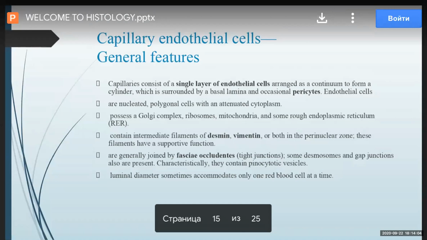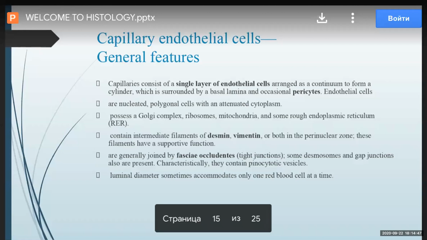Let's continue our lecture. So we were talking about capillaries, yes? A little more about capillaries. So, first of all, you should know that capillaries have a single layer of endothelial cells. Yes, that means they are very small and thin. Okay, good. And you can read here that it continues to form a cylinder, which is surrounded by basal lamina and pericytes. We will see it in pictures later also.